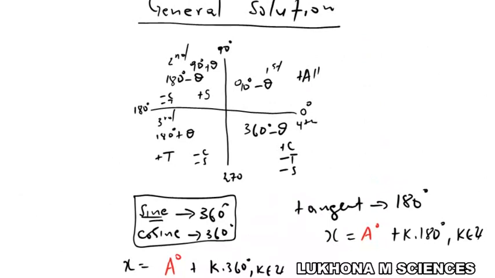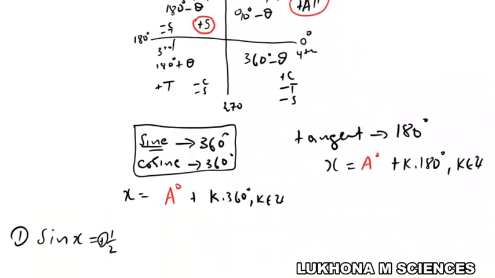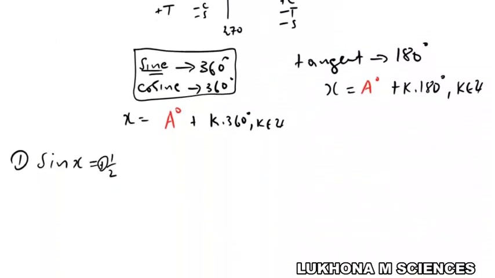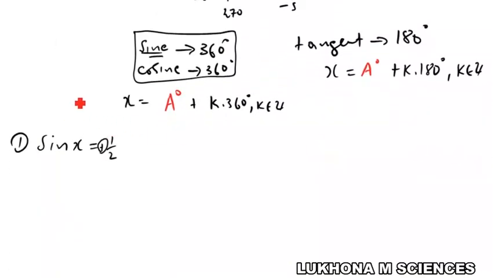Sine theta is positive in first quadrant, that is all, and in second quadrant. In second quadrant, we have 180 degrees minus theta. So which means we are going to have the solution on first quadrant and second quadrant.